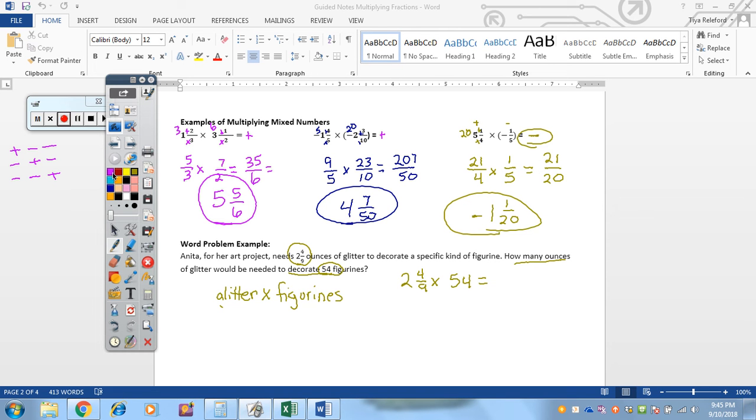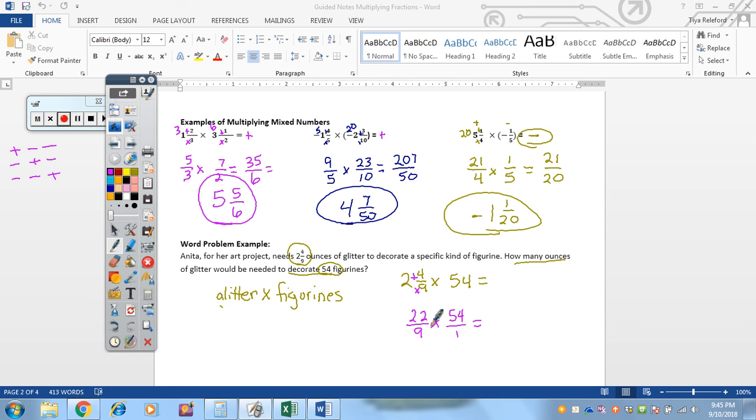So step 1 is improper fractions. I have 22/9, and how do I turn a whole number into a fraction? Right, just put a 1 underneath it. That's all you got to do.